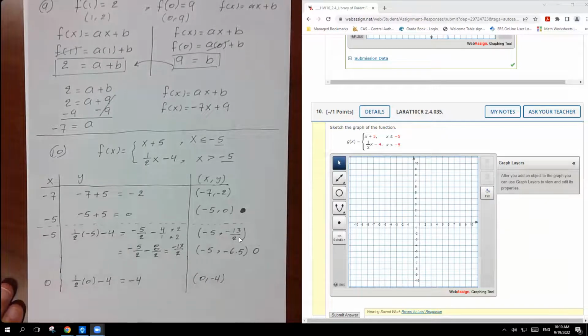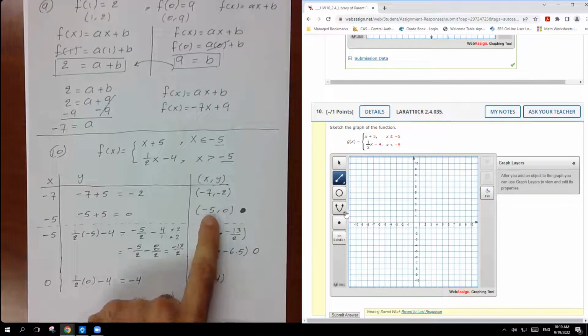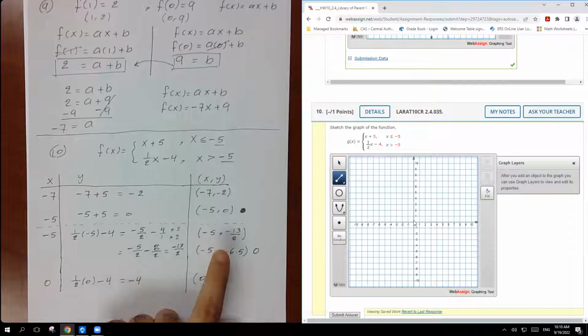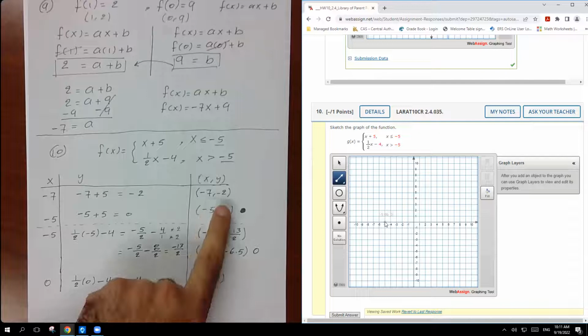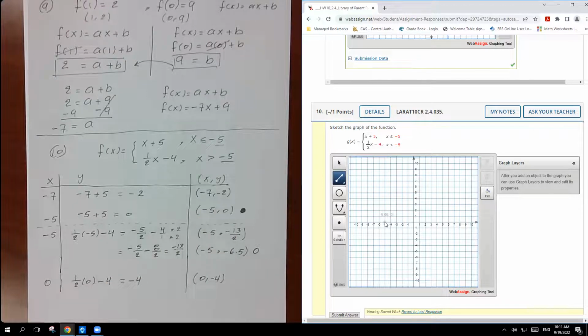Let's grab the first one. The first point is the start point, negative 5, 0. So where is negative 5? Here is negative 5, which is the x, 0. So this is the start point. The second point is negative 7, negative 2.